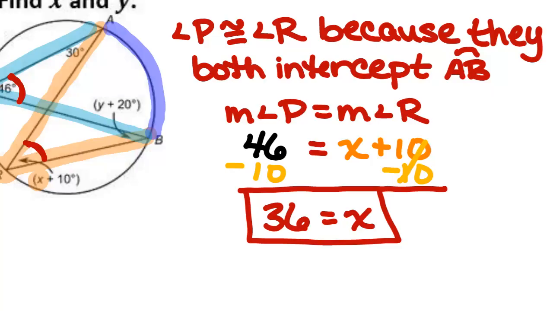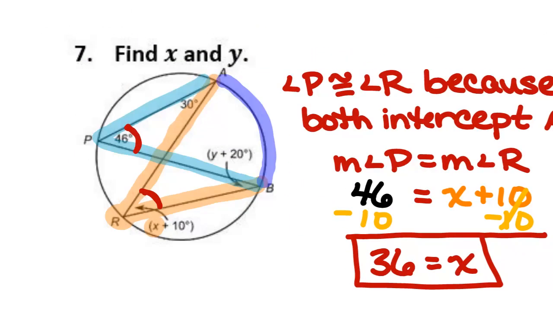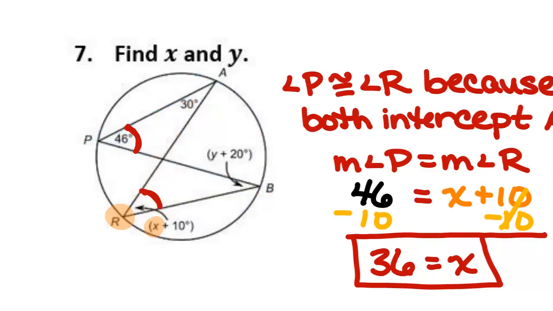Now they want me to find y. So I'm going to erase some of my highlighting here. I'm going to leave those 2 congruence marks. But y is right here, part of angle B. Here's angle B. What is the arc that angle B is intercepting?